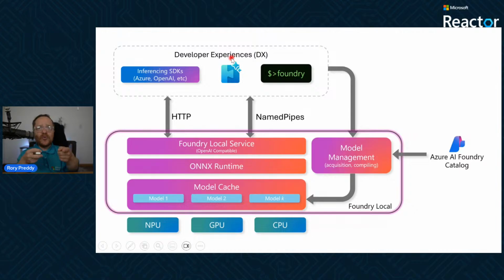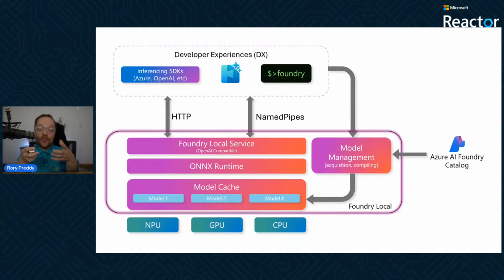And then you can use a lot of tools. You can use the OpenAI SDK, which we're going to use. And I'm also going to show you the new AI Toolkit. You also have the ability to run it via command line. Now, the novelty of this really is, well, it's pretty new, but it also tightly integrates with the AI Foundry catalog, which means a lot of the models that Microsoft creates, and we stress test and kind of put our name to, are available to you.